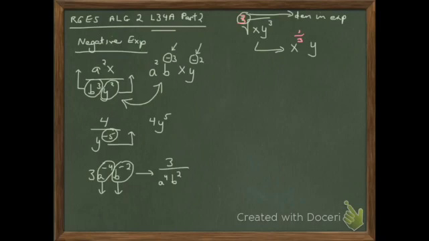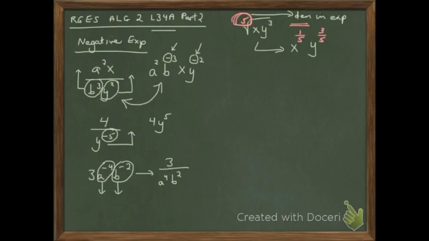Okay? Makes sense? If I instead had, one more time, a fifth root, I would say x to the 1/5, y to the 3/5. Okay? So a radical index converts to a denominator.